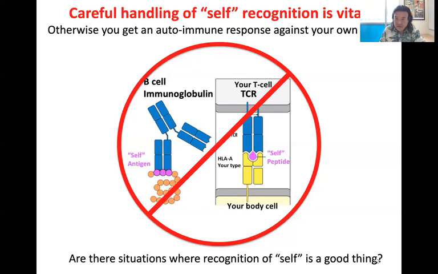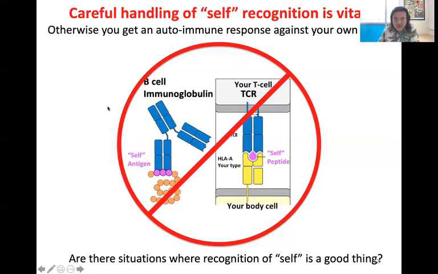Because this B cell will probably end up detecting some antigen in your body that is a totally normal, healthy antigen that's already present. And if that happened, your immune system would auto-react. So that's why this last part of the B cell's development is so important, because it has to do with the careful handling of recognizing self versus non-self.